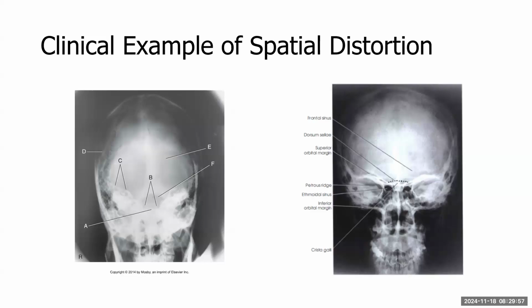This is an example of what I was telling you with spatial distortion where, and I know y'all have not had skull yet, the image on the right is the head with the chin sort of down and the orbits and the facial bones in the skull are all superimposed on one another. We can do what we call a Towne projection where the patient is AP and we have a really hard caudal angle and it sort of throws the facial bones down.